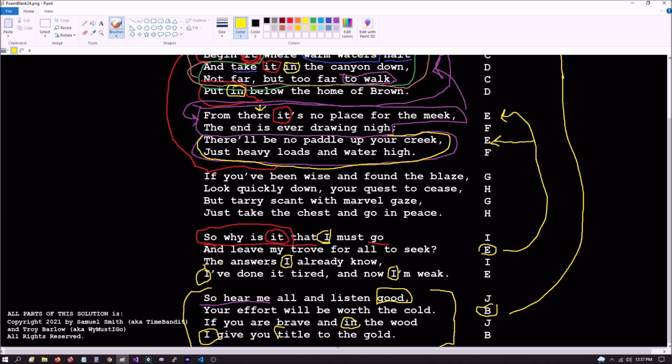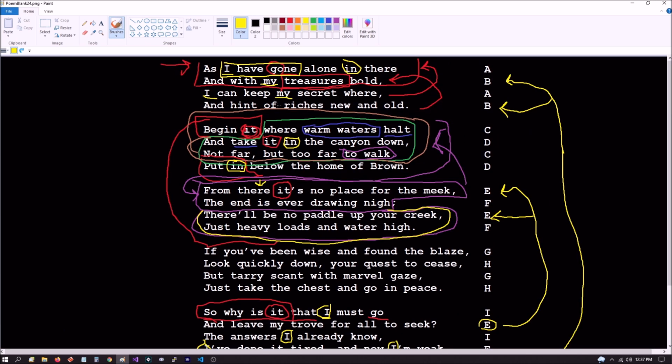So at the end of the poem, he's telling us what to do to find out where to begin it at. And of course, that is going to become the wheel, the medicine wheel in Wyoming Bighorns. We're going to do exactly what he did, and we're going to begin it at the wheel. But we're going to go to the crossroads to put in because we're not able to walk from the place that we begin it down.